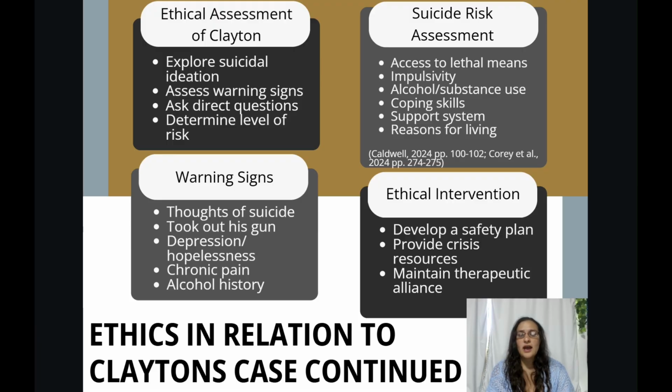A safety plan can offer emergency resources when you can't be there as his counselor. The plan can also remind Clayton why he is important. Throughout the process, it may be ethical for the counselor to openly communicate with Clayton about making a report to maintain some therapeutic alliance.